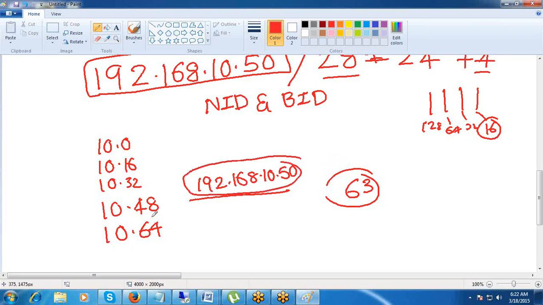What is the network ID now? 10.48 is the network ID and the next one, 10.63, is the broadcast ID. Is it right? Okay, we need to check the range also. Yes, 50 is closer to 48, right? Yes.